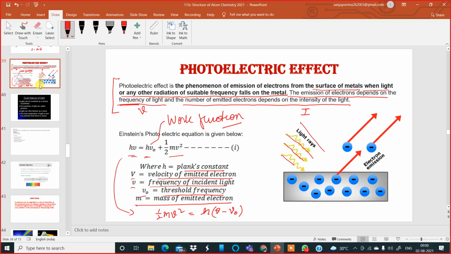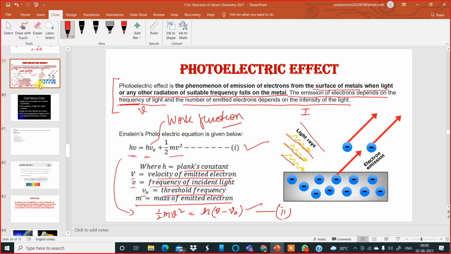It was after this that Einstein was awarded the Nobel Prize in Physics in 1921 for his significant contribution to mathematical physics, and he also made a huge contribution to the study of this chapter in chemistry. So you can learn this equation by marking it as equation number 2. Both are known as Einstein's photoelectric equation.